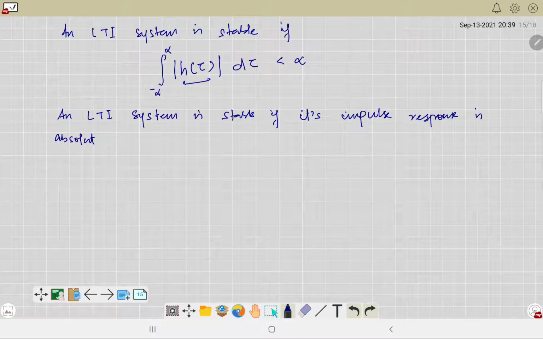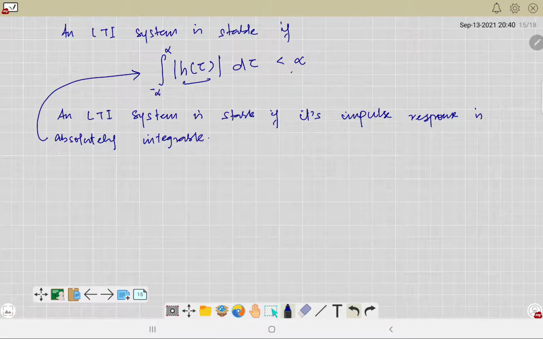Since it is continuous time, it is better to write it as integrable, which basically means if this integral after computation is finite, it's not infinity, then your system will be stable. So we put it like this, that an LTI system is stable if its impulse response is absolutely integrable. Absolutely integrable means when you integrate it, it will give you a definite finite value.